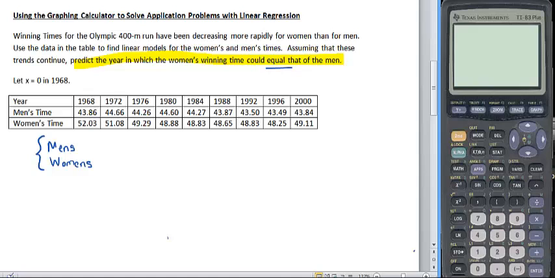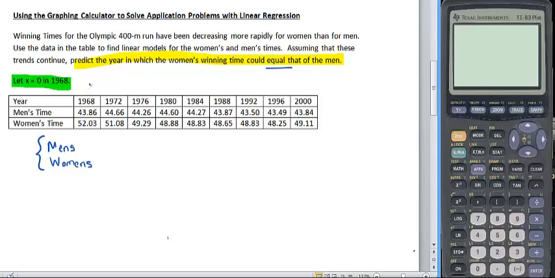Okay, let's take a look at the other thing that we're given. We're given that x equals 0 in 1968. That means we really don't want to use these years in our graphing calculator. Instead, we want to represent them with values of years since 1968.